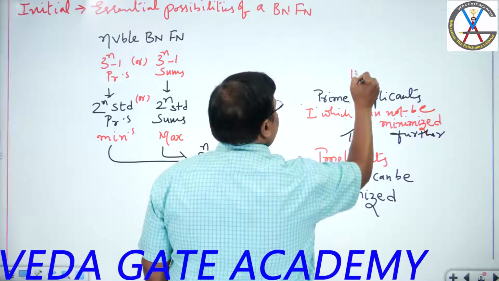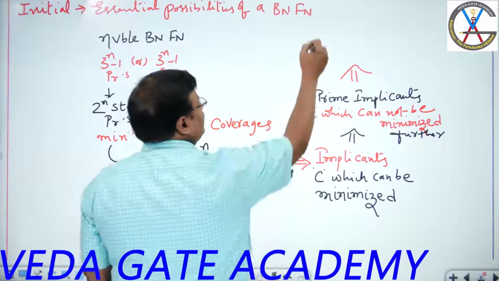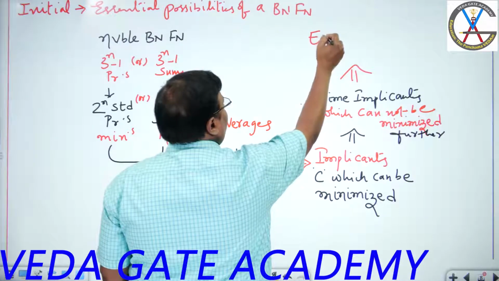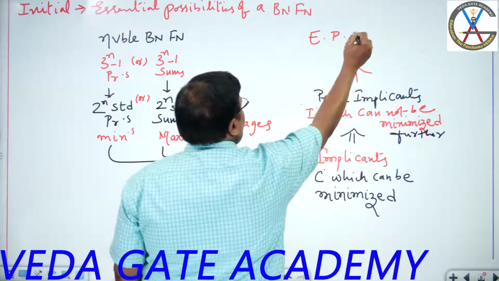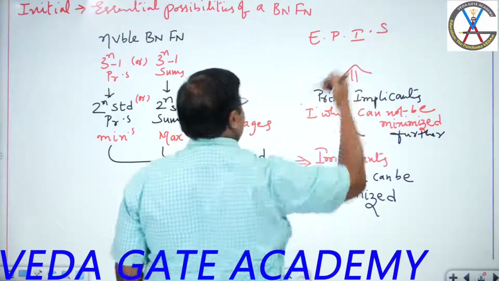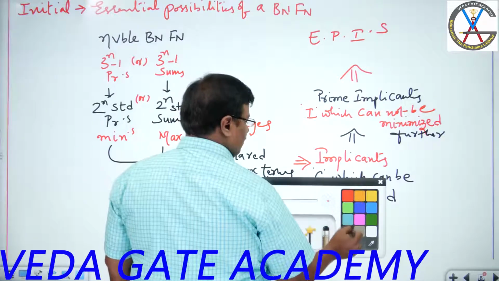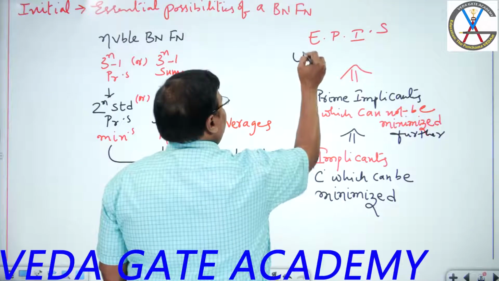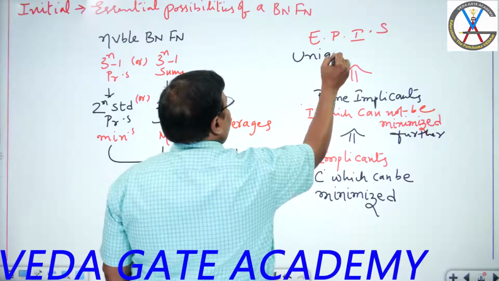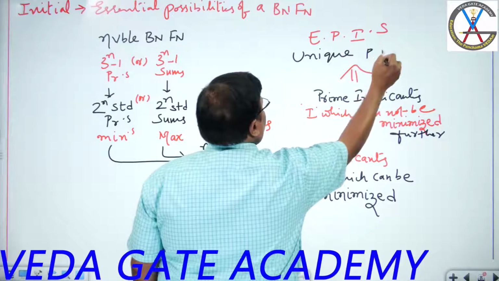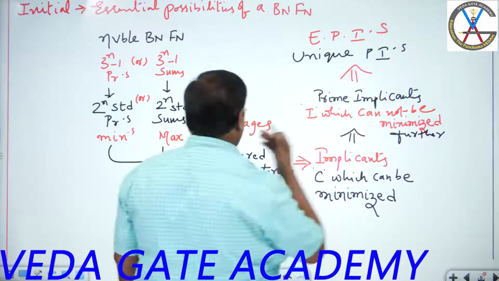The very immediate and final step of the Boolean function is essential prime implicants, EPIs. The definition of that is unique prime implicants.